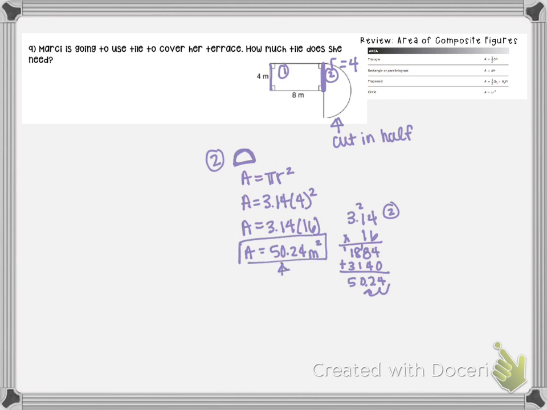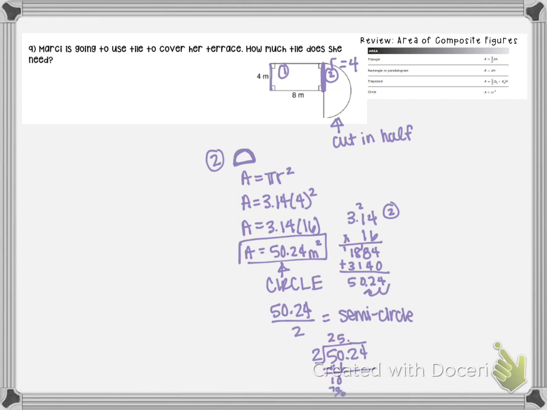This is a circle. So we're going to take our 50.24 and cut it in half to equal our semicircle. Okay, so 2 goes into 50.24. Goes in here 2 times, minus 4 is 1 left over. It goes into 10 5 times. Bring your decimal straight up.